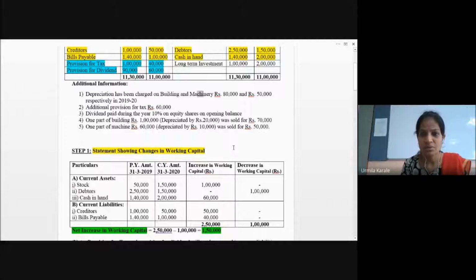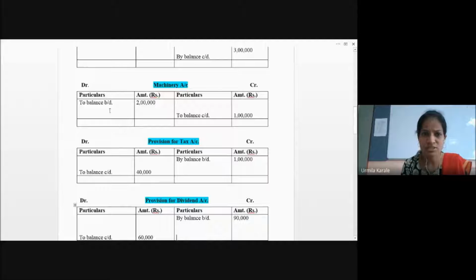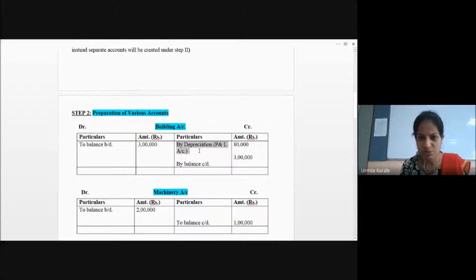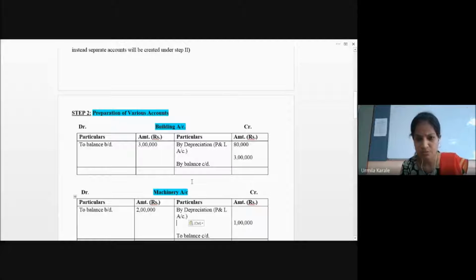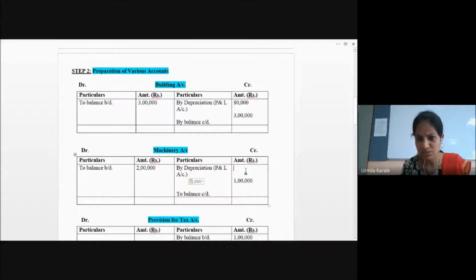In the same way, we are reducing the machinery value. So this is the machinery account. If you write to this side, balance will increase. If you write to this side, balance is reducing. Same, I'm writing it here also. So by depreciation, here we are charging 50,000 depreciation.